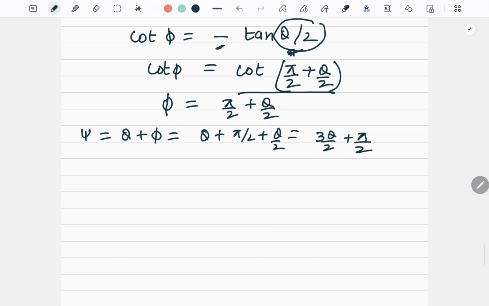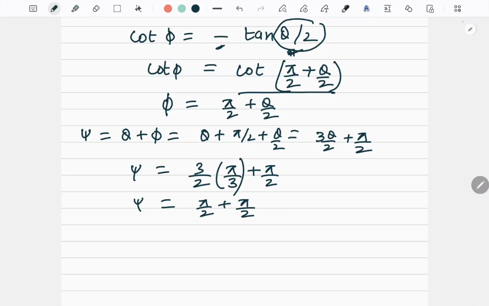Pi by 3. So substitute that pi by 3. So psi is equal to 3 by 2 into pi by 3 plus pi by 2. Correct? Sorry, this bracket is here. 1 second. Okay. So this will be psi is equal to 3 cancel, pi by 2 plus pi by 2. Right? So this becomes pi.